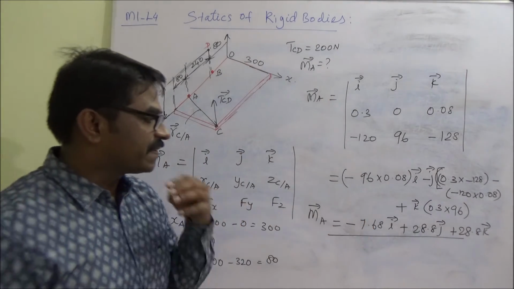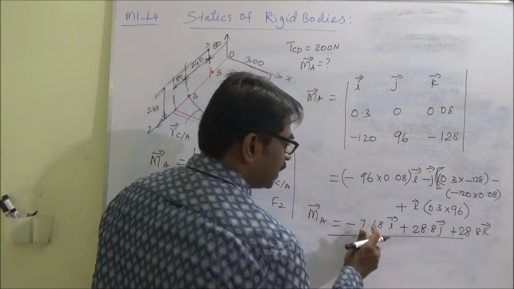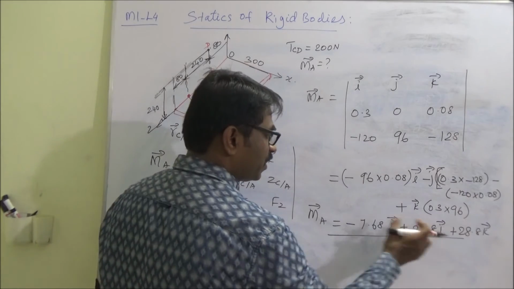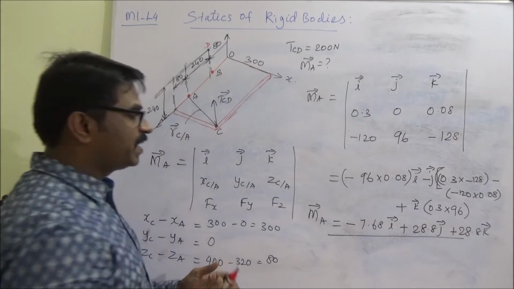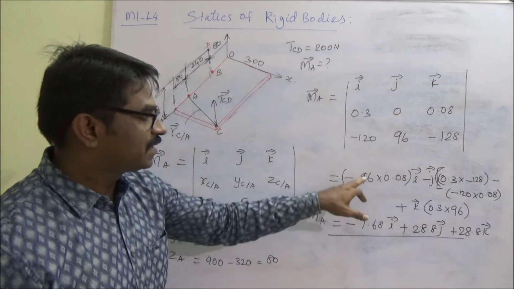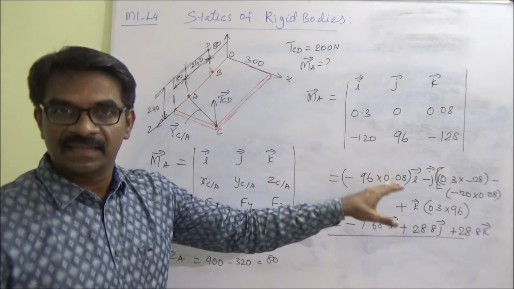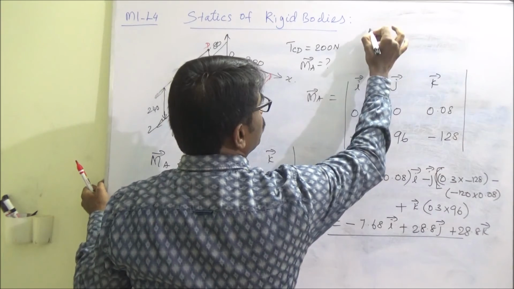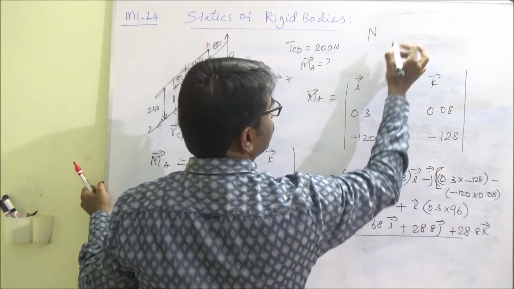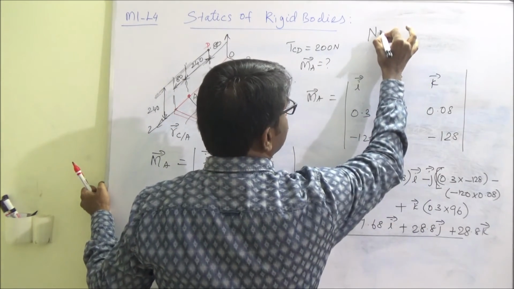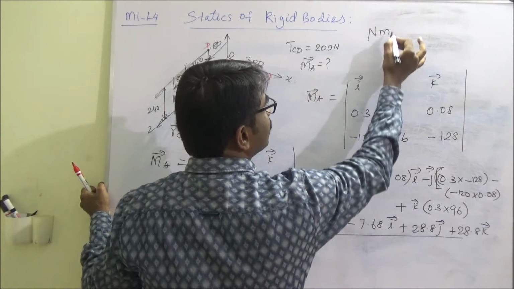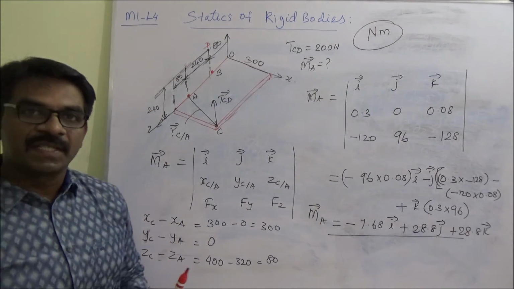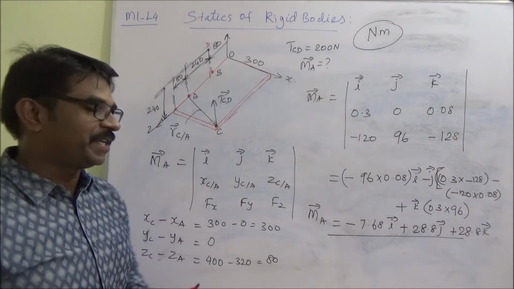So this is the answer. So this is the x component of moment, y component of moment, z component of moment, and it is the multiplication of the force and distance. So the unit is force, Newton, the distance, meter, so the unit for moment is Newton meter.